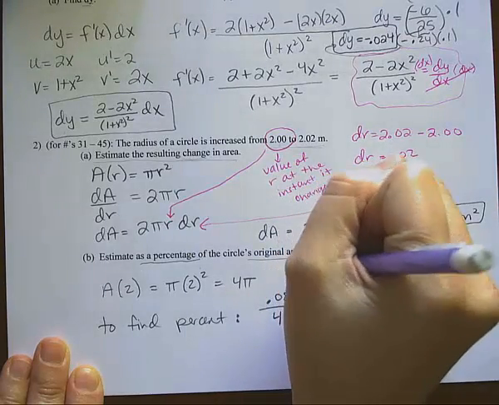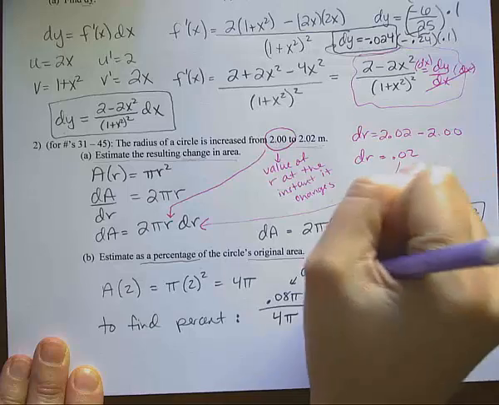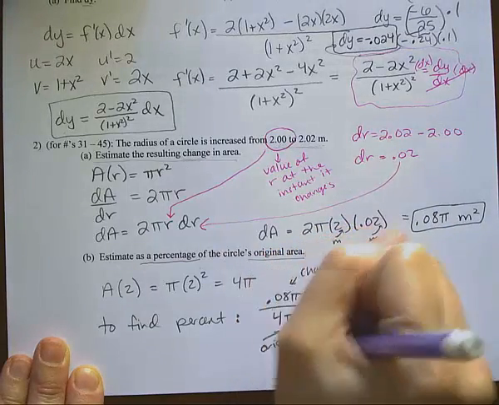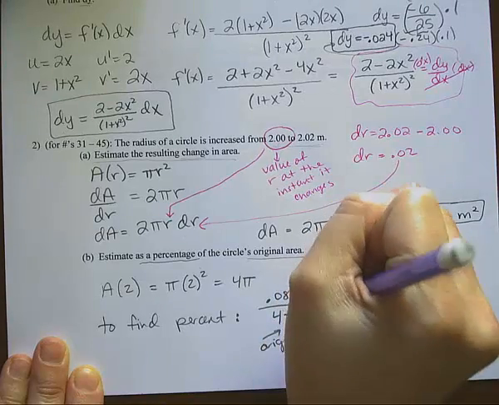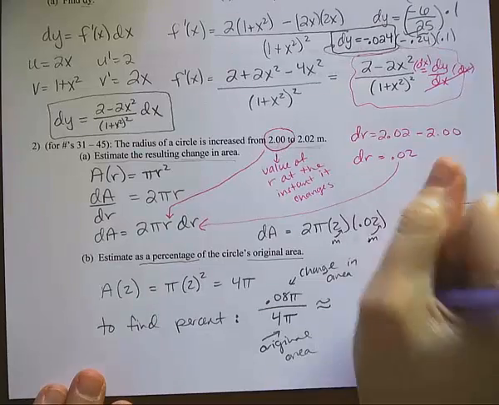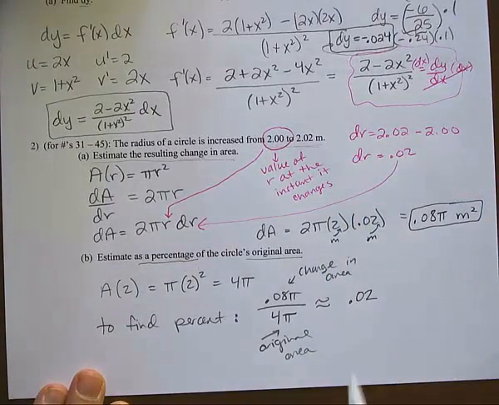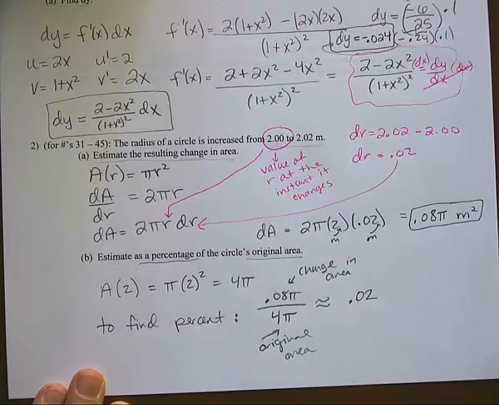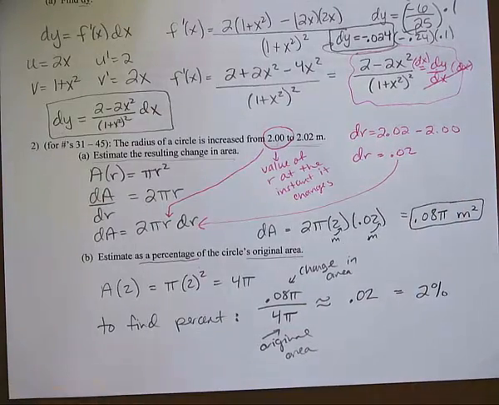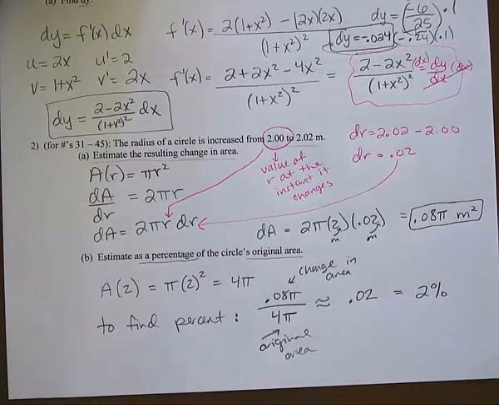So that's change in area divided by the original area. So we'll figure out what that is. Turns out that is 0.02 because the pi's cancel, and then 8 divided by 4 is 2, and there were 2 decimal places. And since we're looking at percents, that would be equivalent to 2%. So you could say that the area changed by 2% of its original amount.